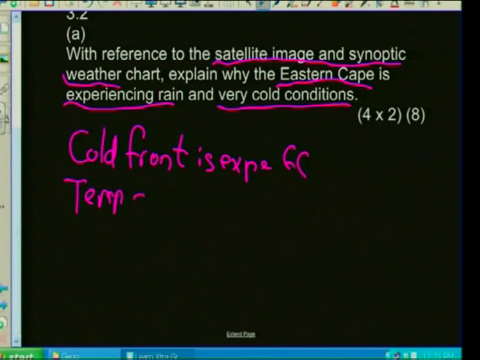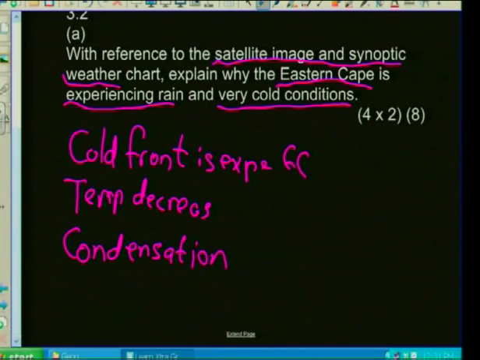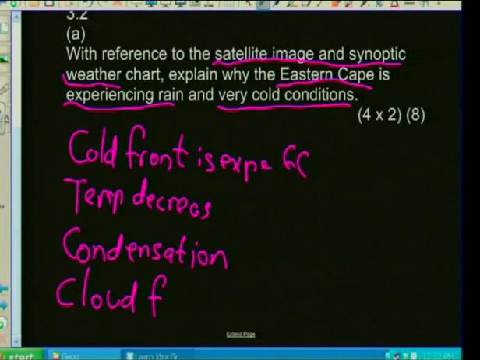The cold front will result in more condensation. Isn't it? As condensation occurs, and when condensation occurs, more cloud formation. Okay? Therefore, more rainfall.